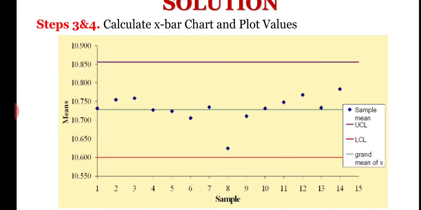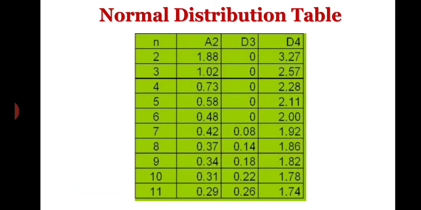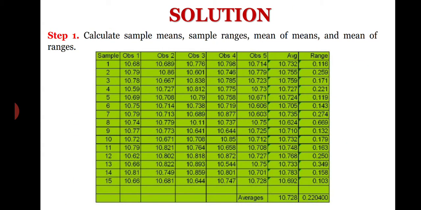So you can see here, your X double bar was around 10.78, which will be the center line of the X bar chart. Your R bar value was 0.22.